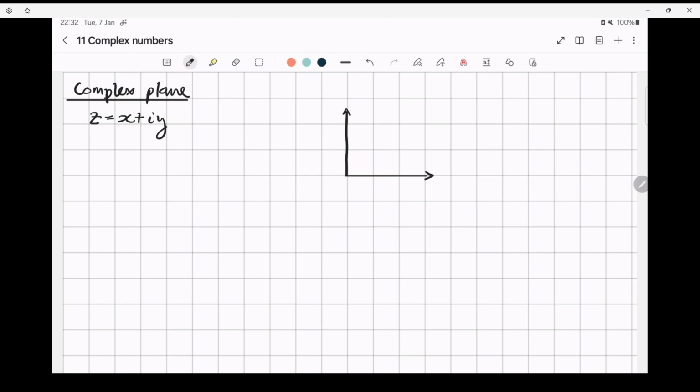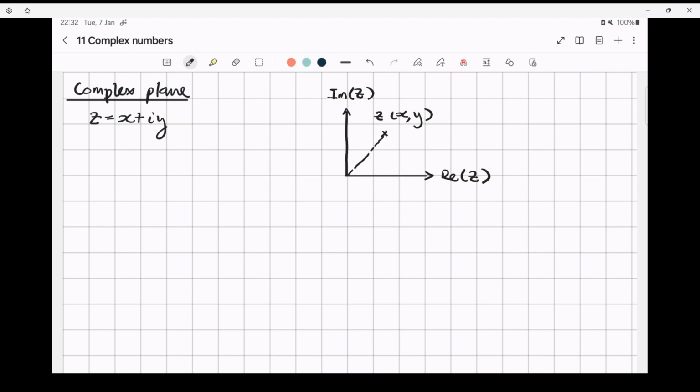But now your x will be the real part of your complex number, and your y will be the imaginary part of your complex number. So let's say over here, this is x, y. This particular point here tells you where your point z is, okay?